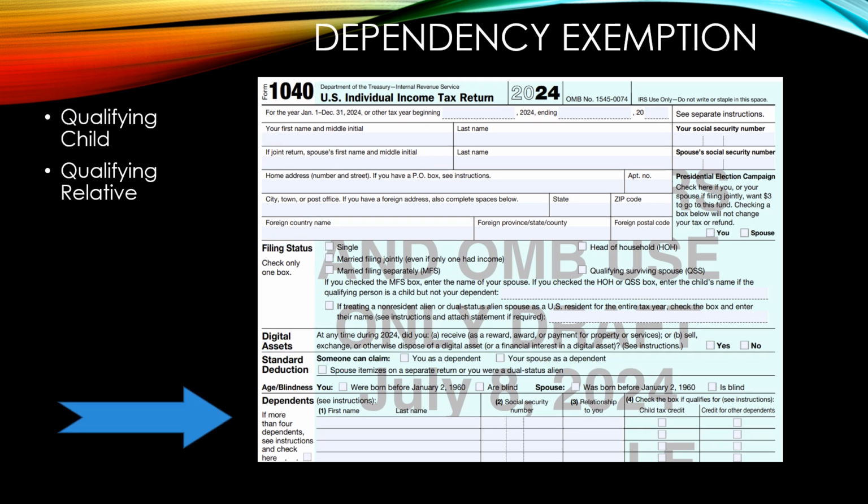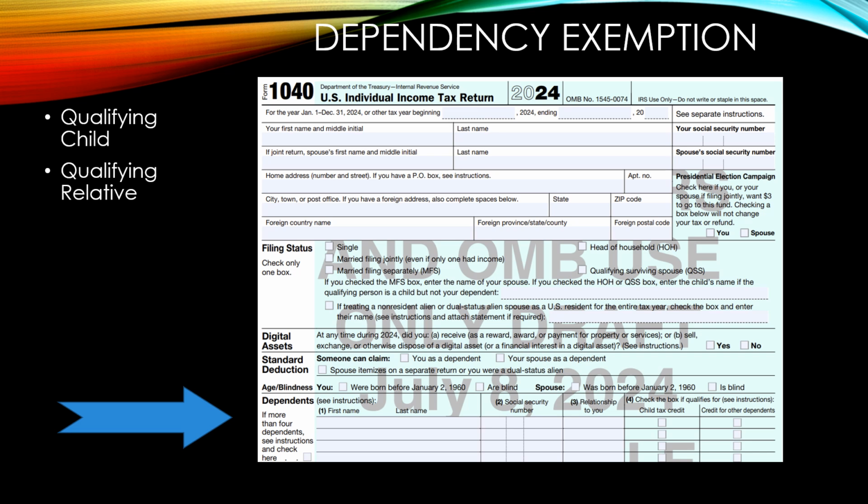The dependency exemption can be claimed for two types of individuals: a qualifying child or a qualifying relative. And we are soon going to learn some tests that help us determine whether an individual is a qualifying child or a qualifying relative or neither of those. Before we do that, I just want you to look at this return and notice our dependents section.